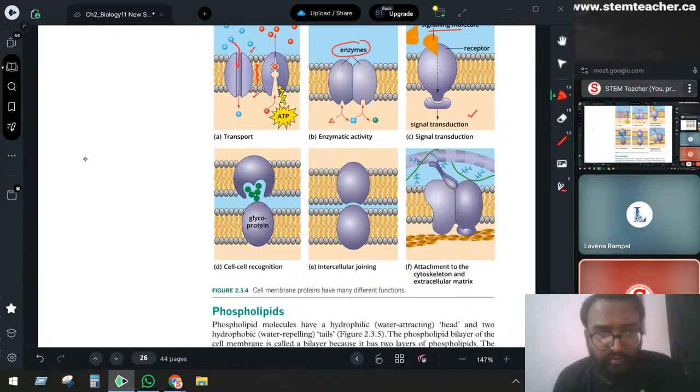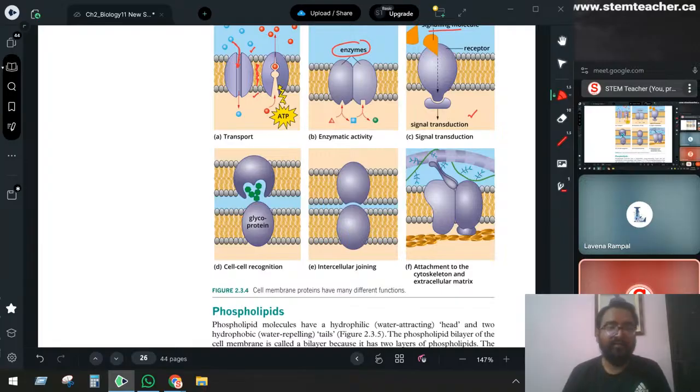It is cell recognition. See, one cell is recognizing the other cell because they need communication. Okay, and intercellular joining. You can understand it is proper genetics. I will show you in the next class how these cells connect with the same cells, because there is an anchor, there is connectivity.